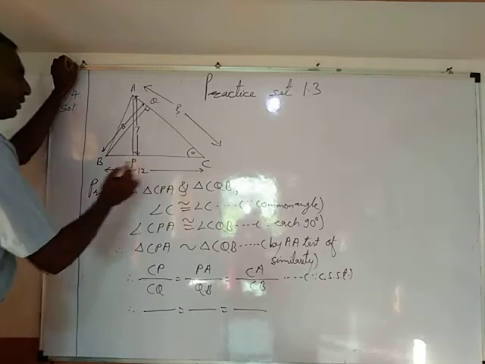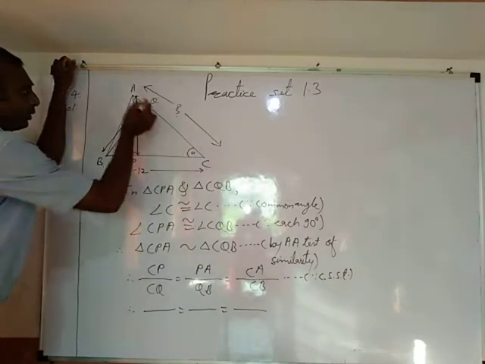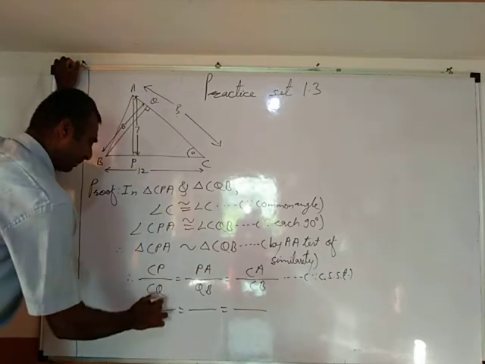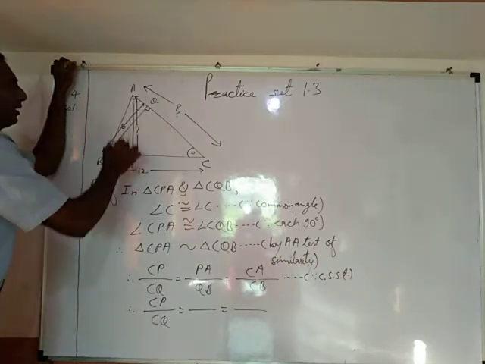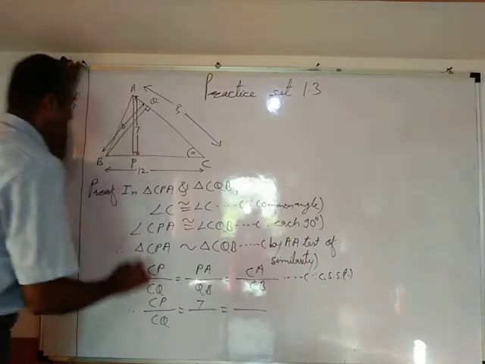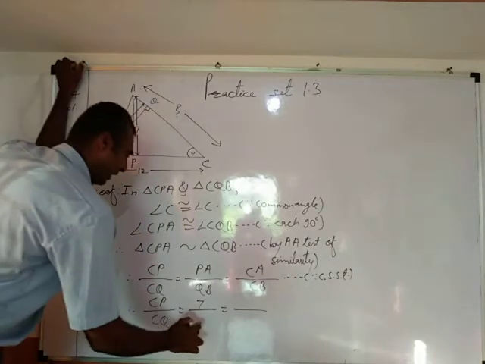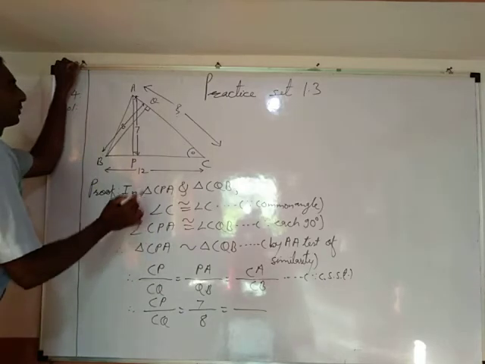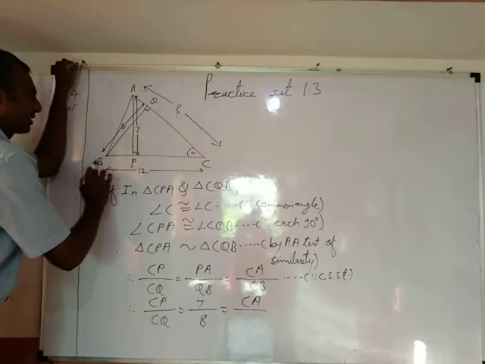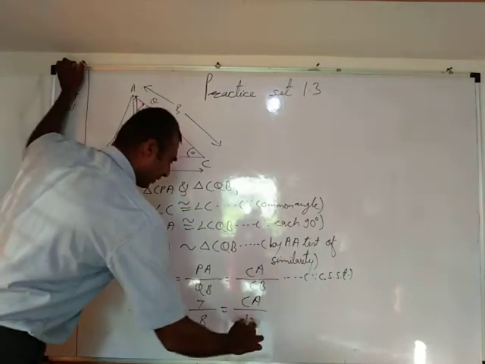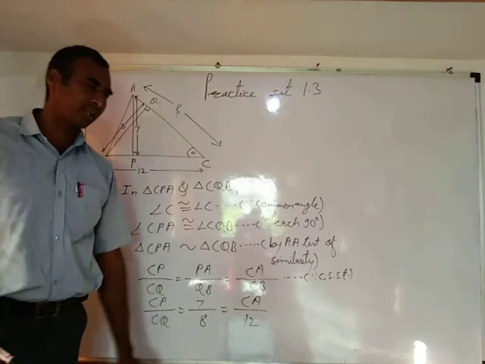We don't know the length of CP or CQ, so let's keep them as they are. But PA means AP, which is 7. QB means BQ, which is 8. CA we don't know, but CB is BC, which is 12.